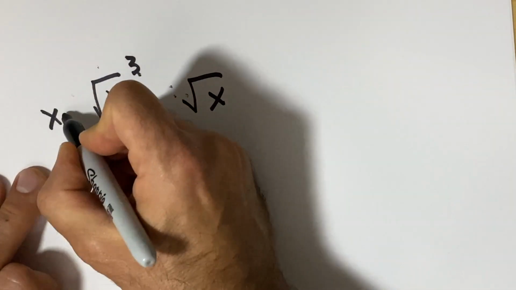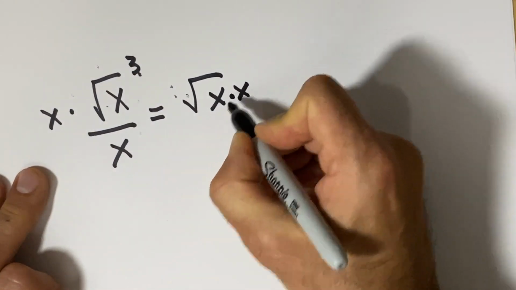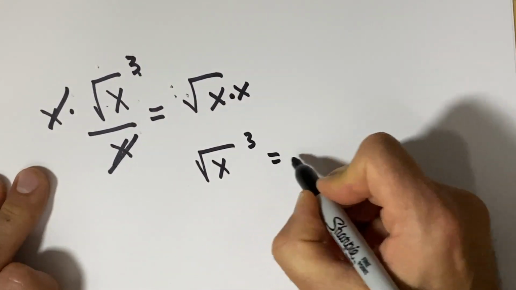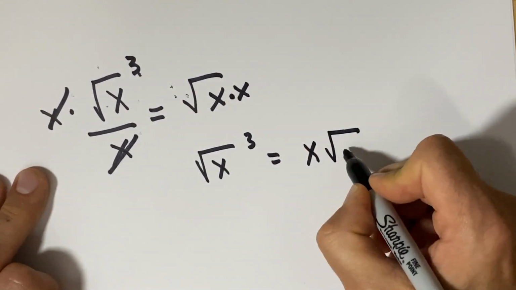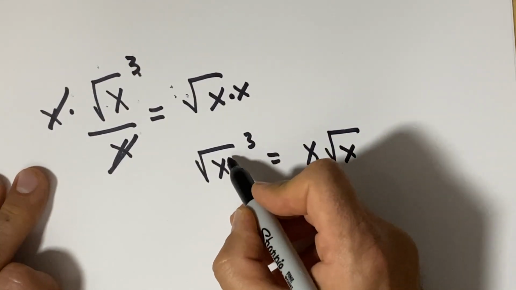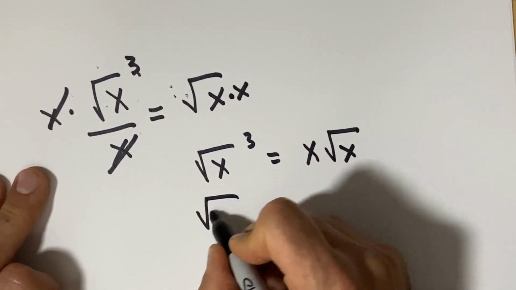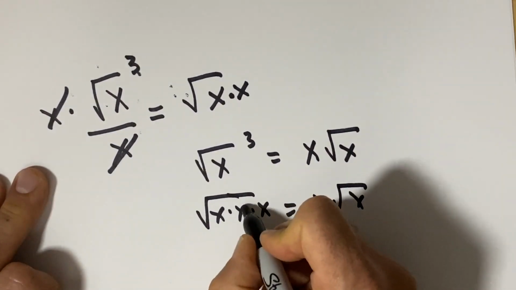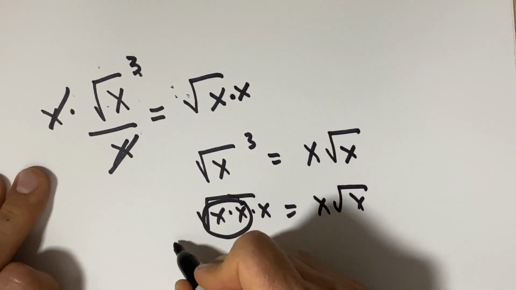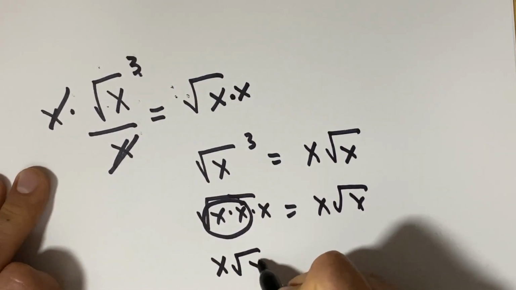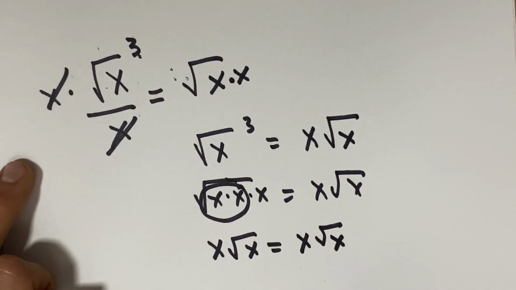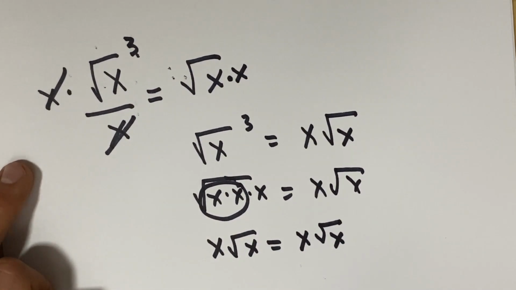We can multiply both sides by x, and the cube of the square root of x equals x times square root of x. The cube is x times x times x. We take out x, and this is a true statement. It's just manipulating the square roots and the way square roots work.